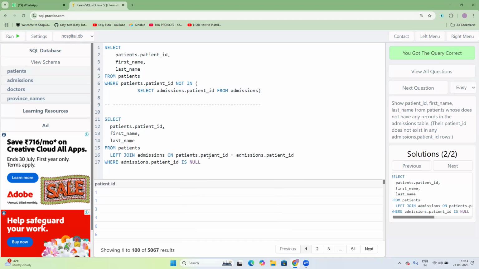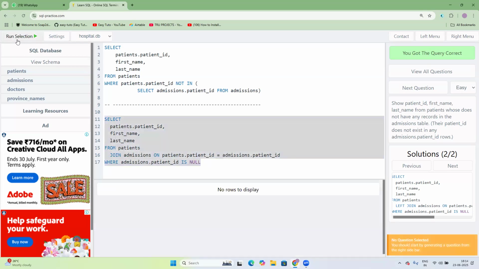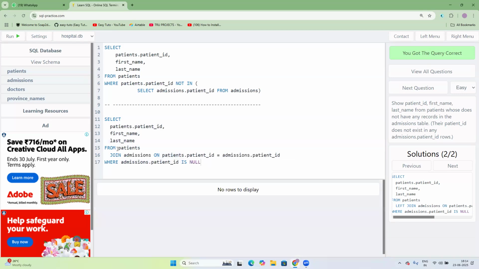Jay, I'm sorry, but I did not understand the second method where you wrote left join and the patient ID is null. See, the whole concept is, if I remove left join and do inner join, I don't get any output. I get no rows to display because I am writing logic where I'm telling that I want the mismatch.